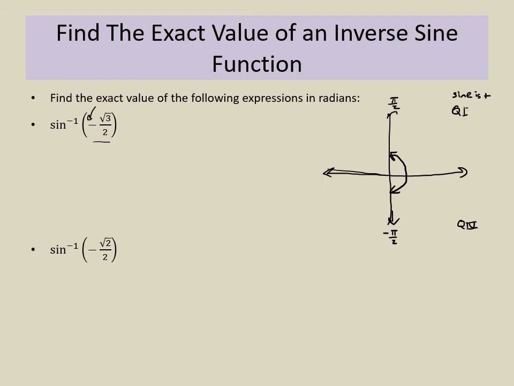What about quadrant 4? Sine is negative in quadrant 4. Remember, all students take calculus, so only cosine is positive in quadrant 4. That means the sine is negative. Okay, and that's very important. So whenever we see a negative value here, that means we're looking for an angle in Q4.